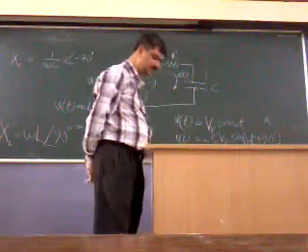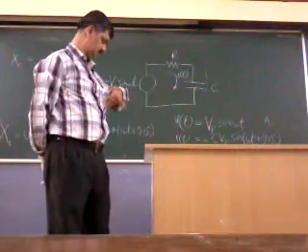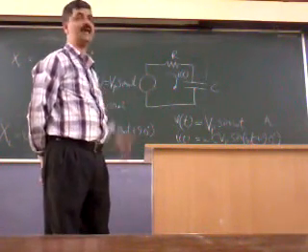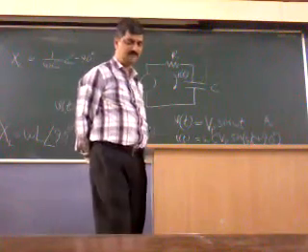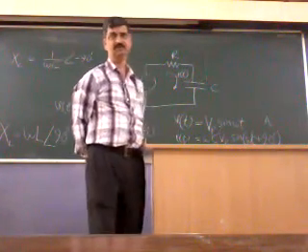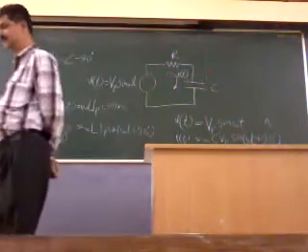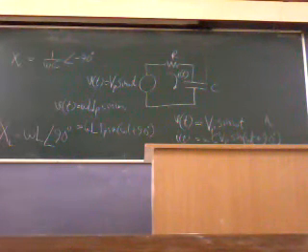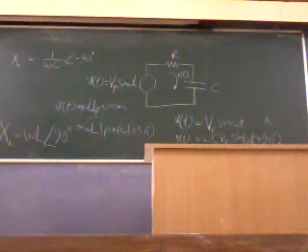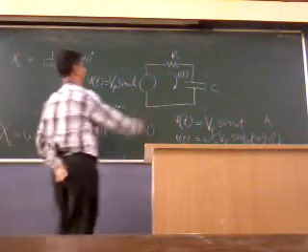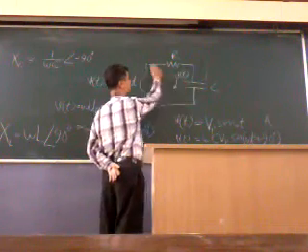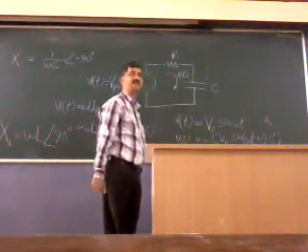Now, since it is a series circuit, impedances will add. In a series circuit, impedances will add. So what would be the overall impedance between these 2 points? R plus XC.